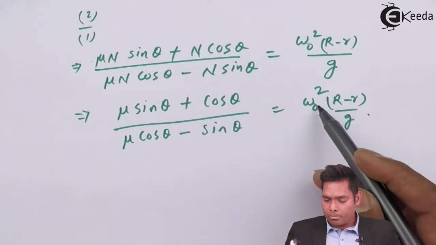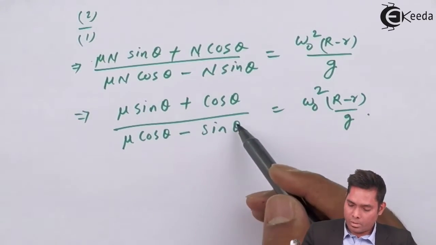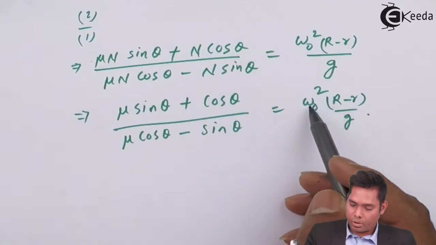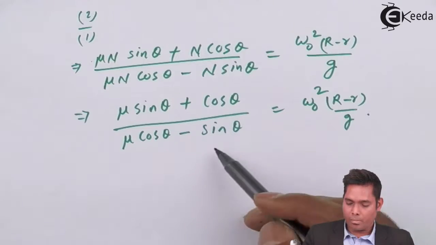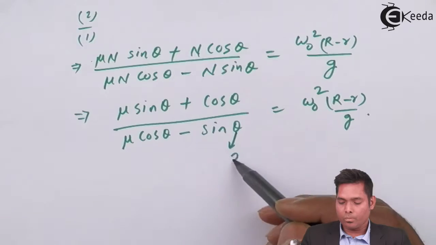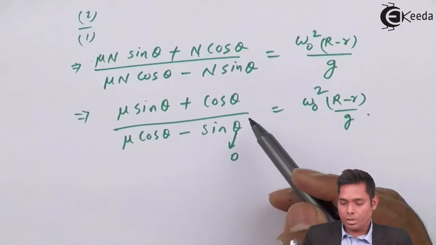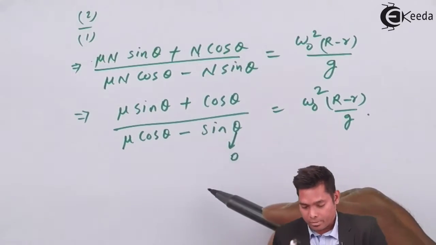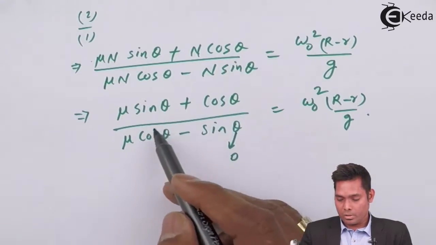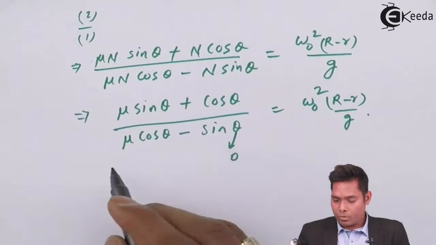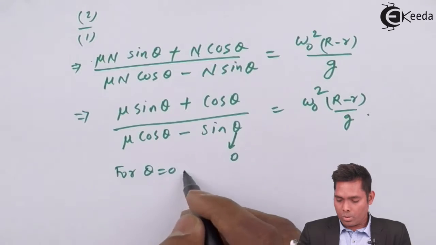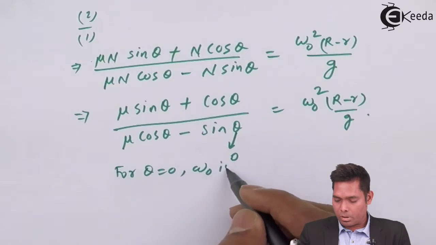For this to be minimum, this has to be maximum. For this to be maximum, this angle should be 0. If I put the angle as 0 over here, or I could have divided by cos theta everywhere. Anyway, put theta equals 0. For theta to be 0, omega naught is minimum.